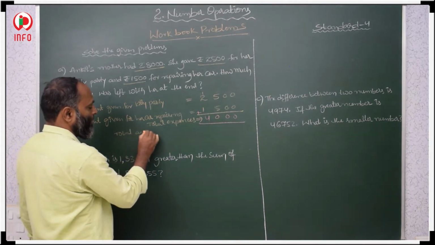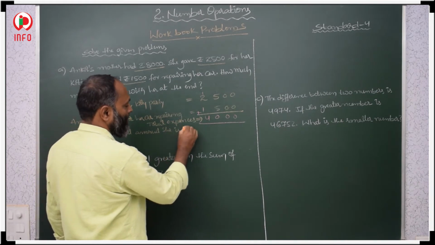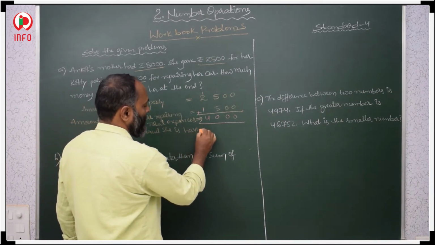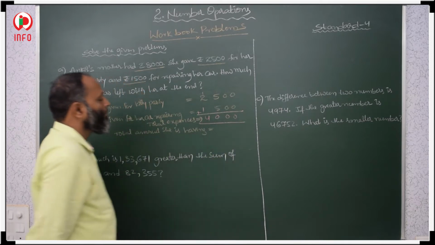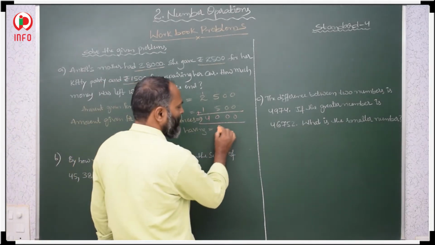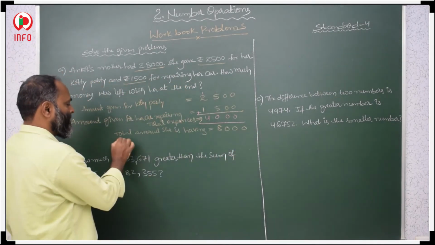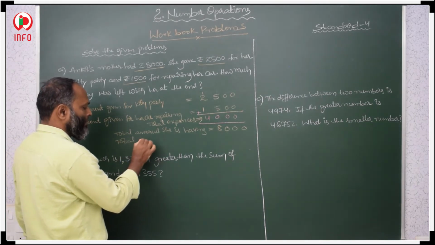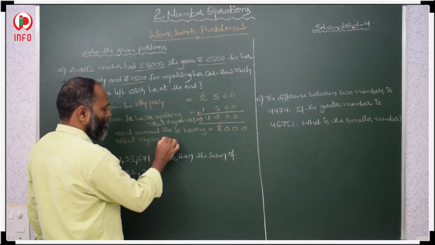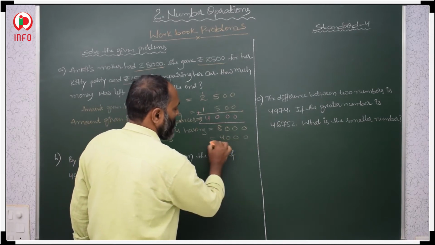Now total amount she is having. How much amount she is having? 8,000. 8,000 minus total expenses, how much? 4,500.